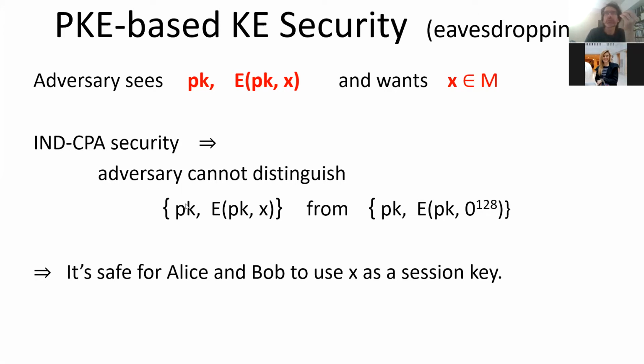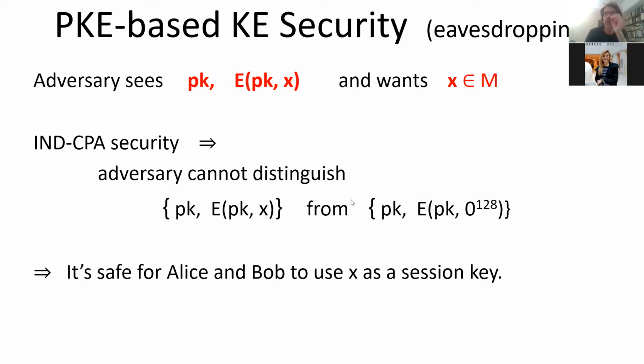the adversary cannot distinguish a pair that looks like this, a public key and an encryption of a session key, from a public key and an encryption of a 0 string. This is arbitrary. You can put any constant here or an independent random value, right?